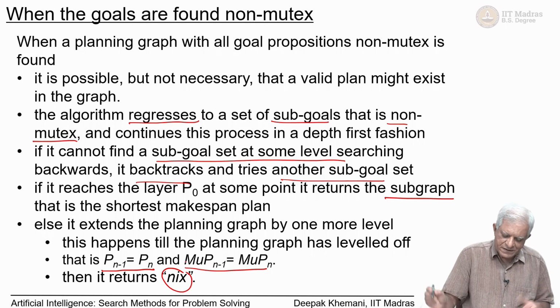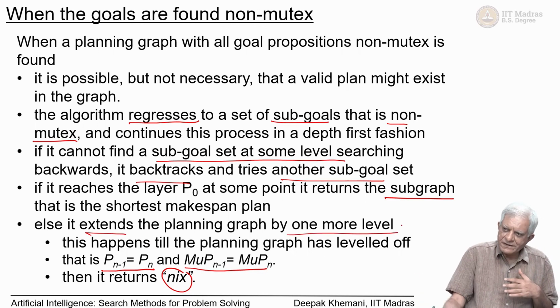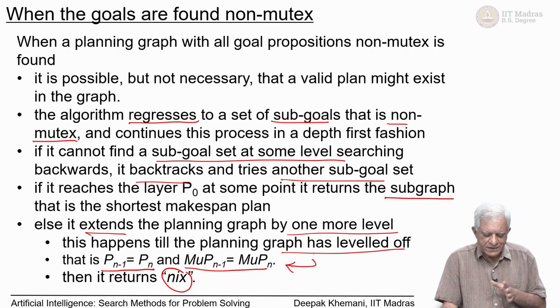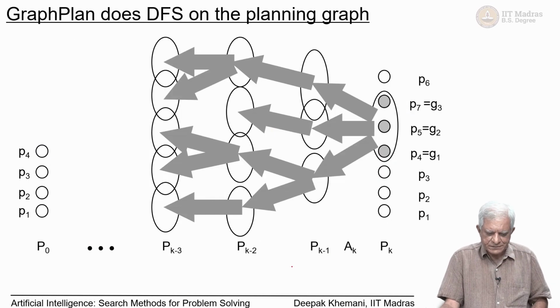So, this is what it does: it extends the planning graph by one more level and searches for the plan, and it will only stop when the graph has leveled off, which is the condition we had spoken about, that the two layers have become static.